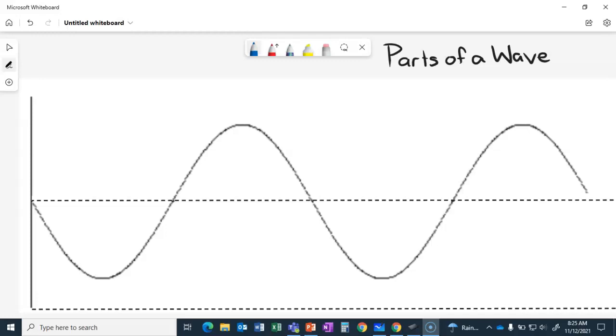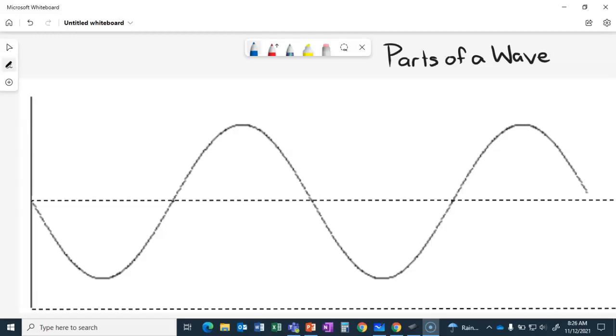Today we're going to take just a few minutes as we begin our chapter on waves. And of course, this is part of our Oceans Part 1 unit. So specifically, we're talking about ocean waves.